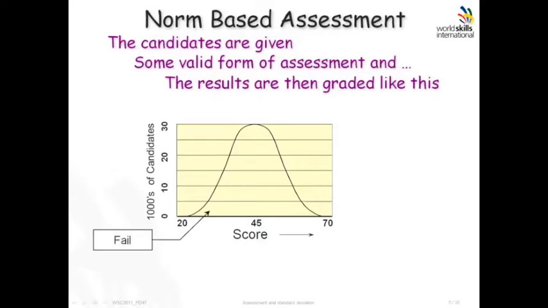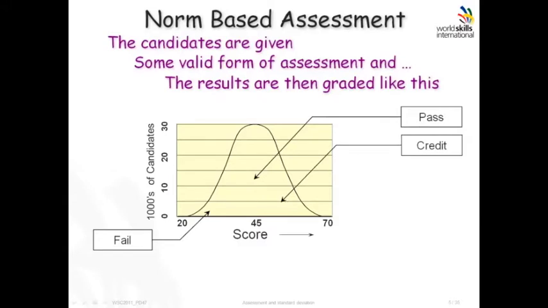At this level, the candidates fail. At this level, the candidates just pass. At this level, the candidates acquire a credit. And finally, at this level, the candidates get a distinction.